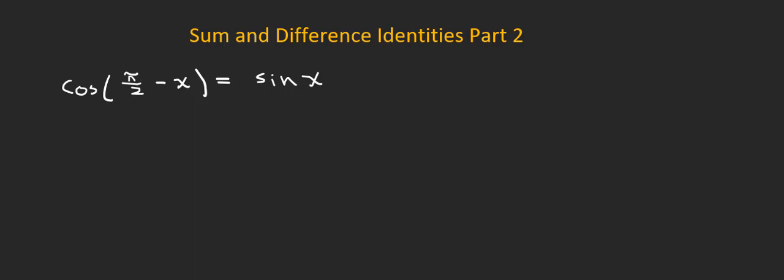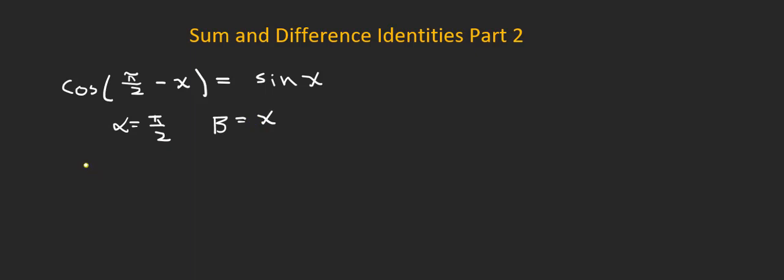This video is about sum and difference identities part 2, and we need to verify that this statement is true. So it is like a proof, and if you notice cosine of quantity pi over 2 minus x, pi over 2 is like alpha and beta is x.